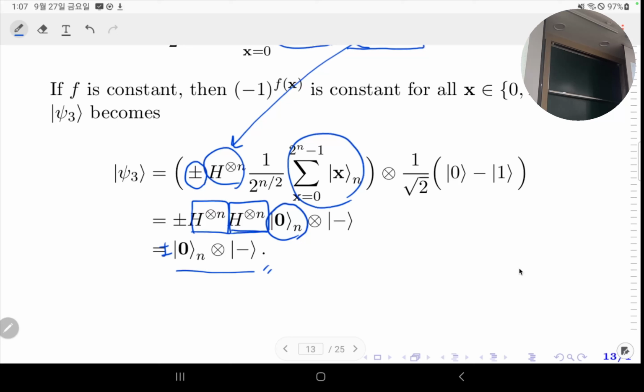So let's change the perspective. If you observe all zeros as a measurement outcome in the input register, then it means that the function is constant, unless there is any possibility of having the |0> ket when f is not constant. So let's take another case. The opposite case is when f is not constant, that means it's balanced.